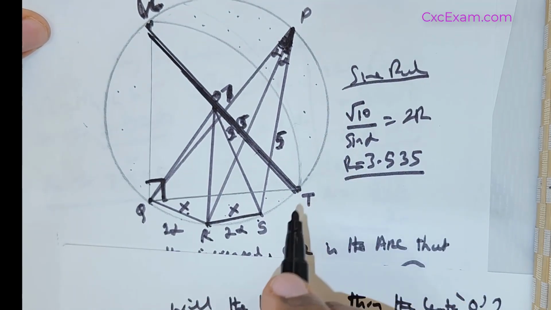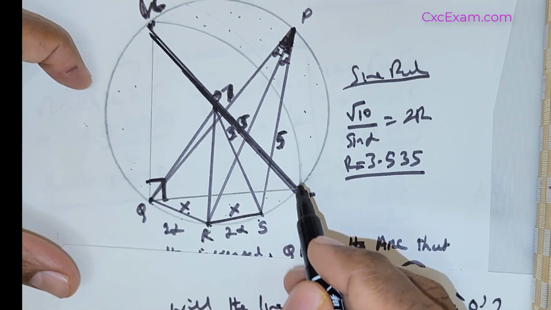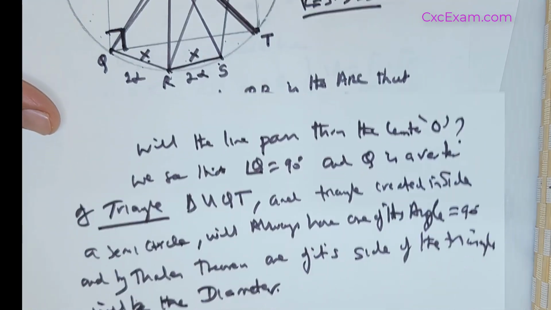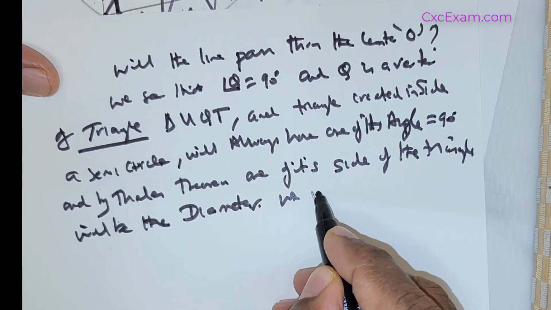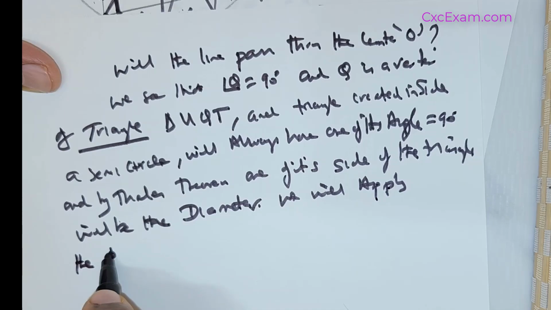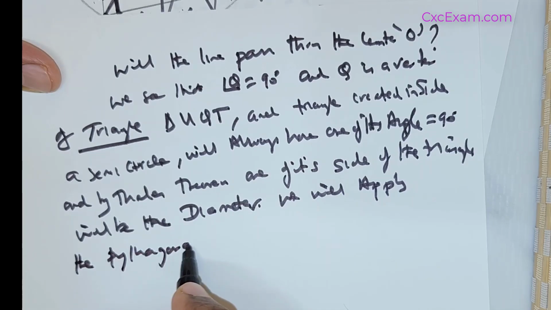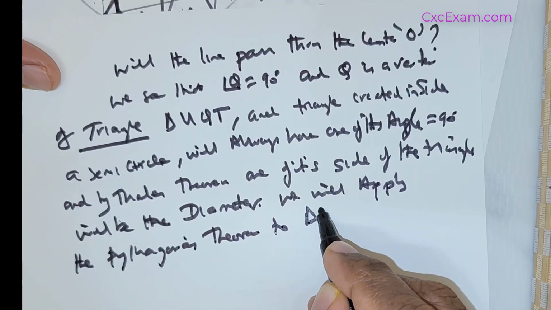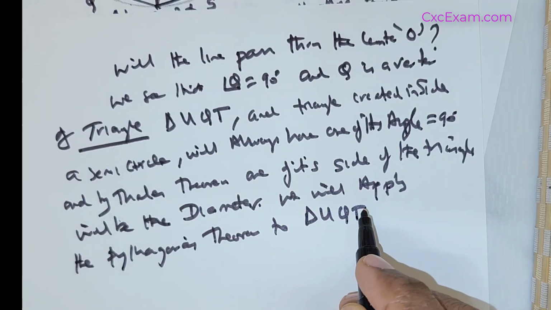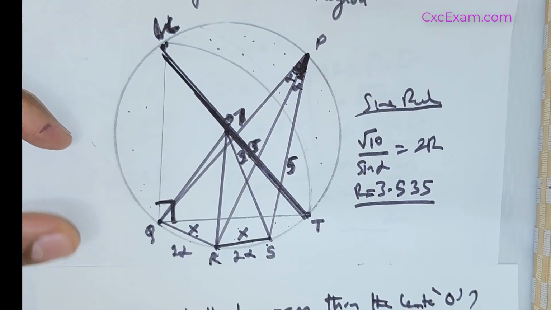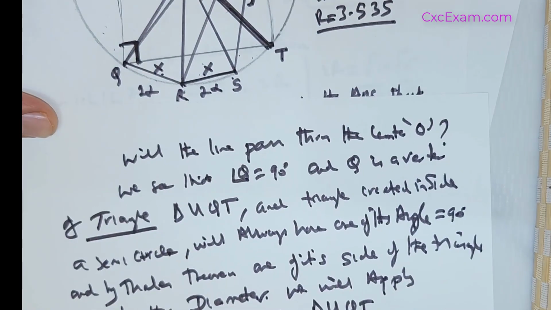Okay, so now what I wish to do is apply what? Pythagoras theorem. So we will apply the Pythagoras theorem to the triangle UQT. If we apply the Pythagoras theorem, what is this?